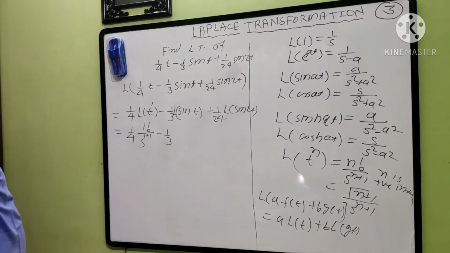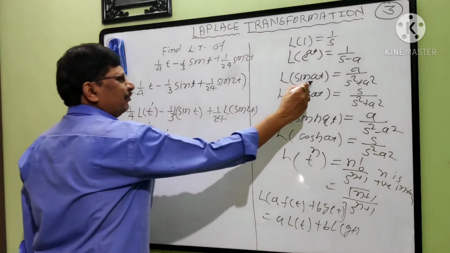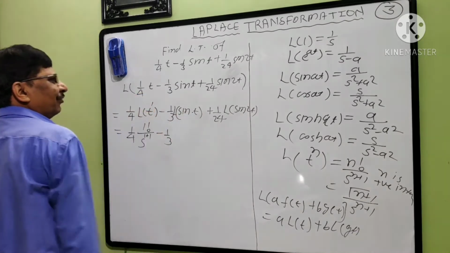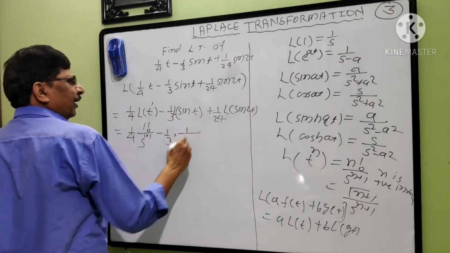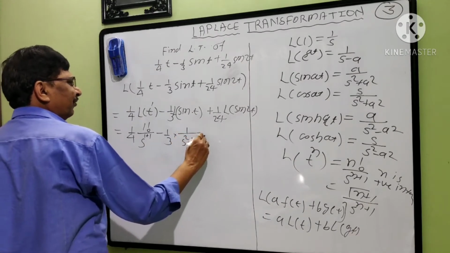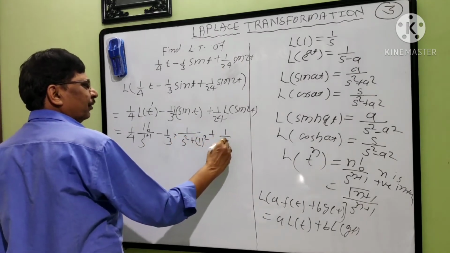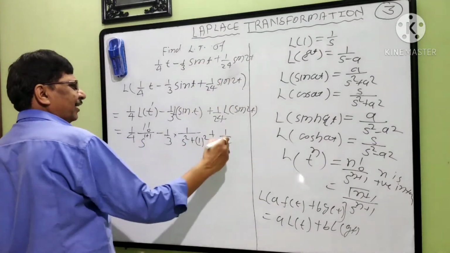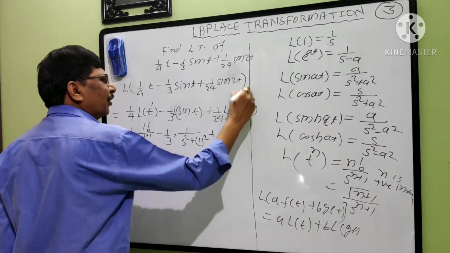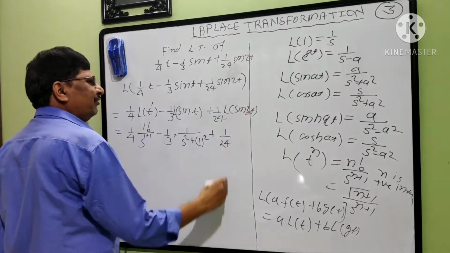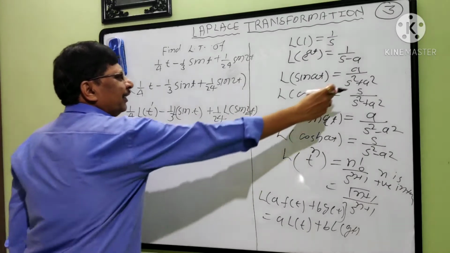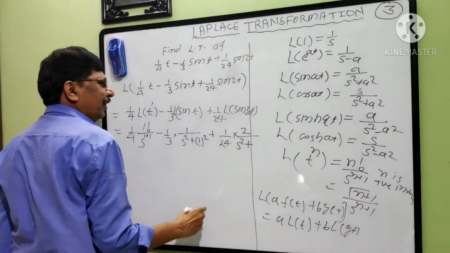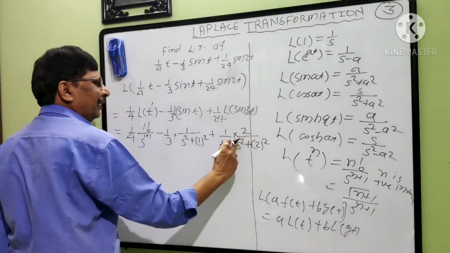Now 1 by 3 sin t. Here a is 1. That means a upon s square plus a square, that is 1 upon s square plus 1 square. Then 1 by 24 sin 2t.